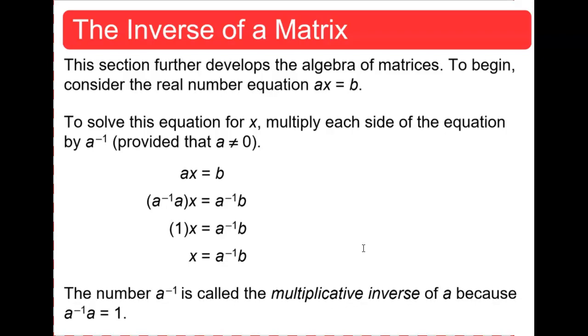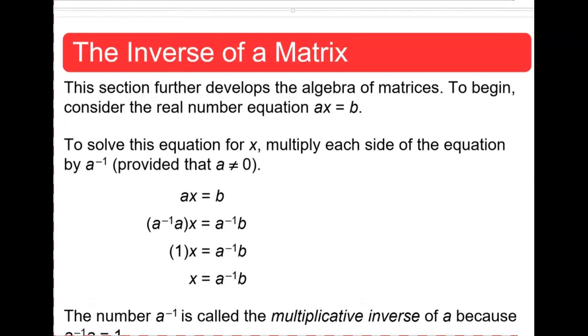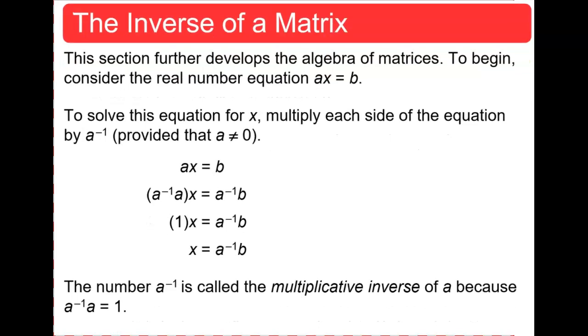And so if we have a matrix and we call it matrix A, the product of matrix A with its inverse is going to equal the identity matrix.